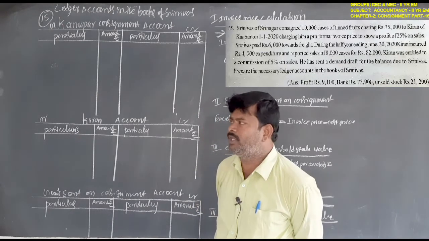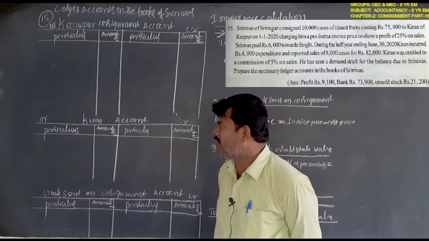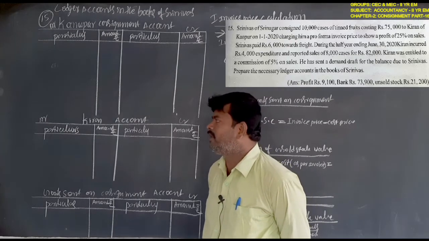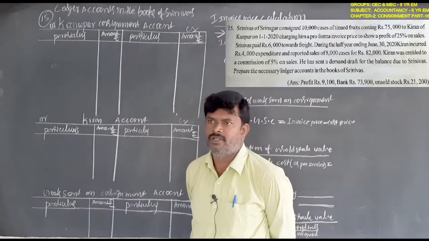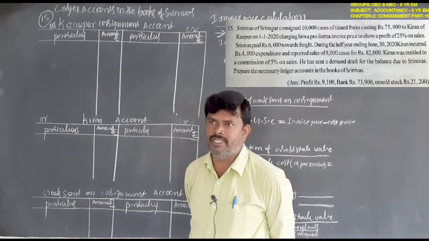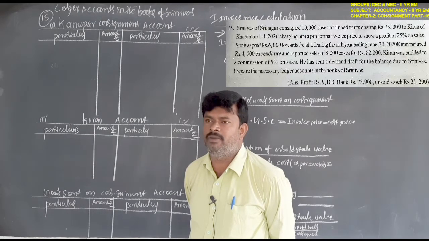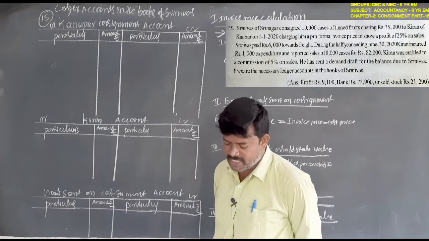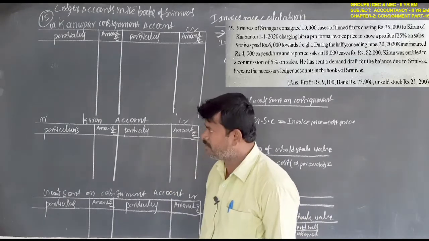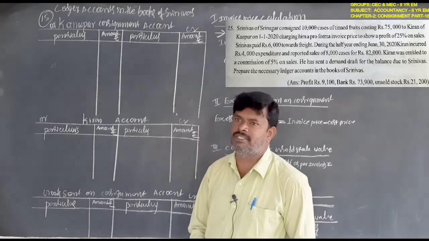We are preparing three ledger accounts: the consignment account, the consignee account, and the goods sent on consignment account. This is the explanation of the consignment account, invoice price method, on sales price.